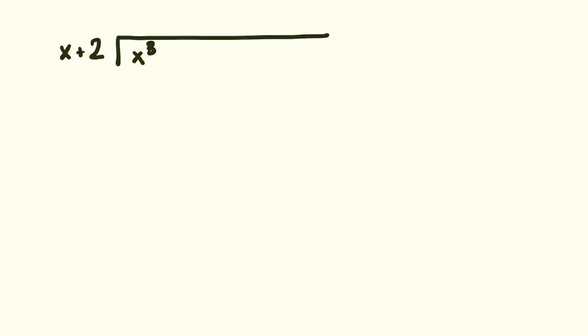And to do that, we are going to divide our polynomials. So we are going to divide x plus 2 out of x cubed. And this is technically x cubed plus 8, but I'm going to rewrite it slightly differently.